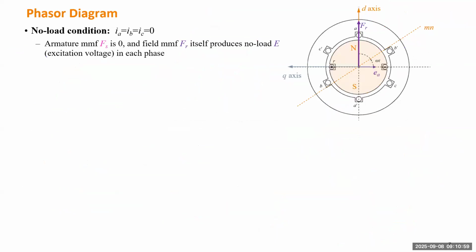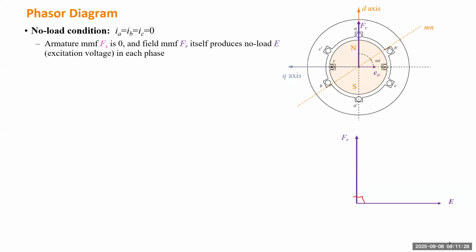Okay, so we move on. We also quickly talk about these slides because we want to generate the phasor diagram. We start from the magnetomotive force due to the field winding. We have voltage lagging this F by 90 degrees. So this is not stationary. The Fr will revolve counterclockwise together with the rotor, and this E also revolves.